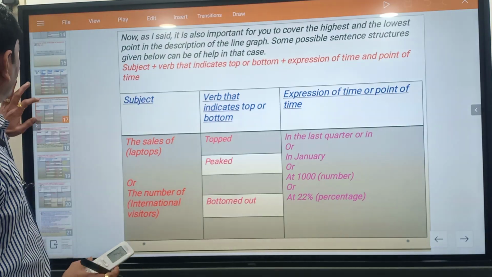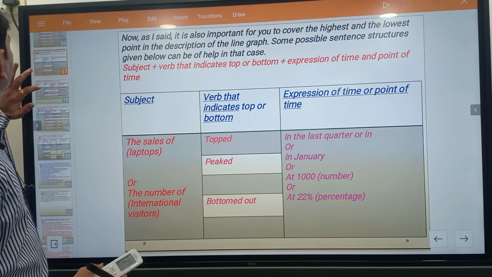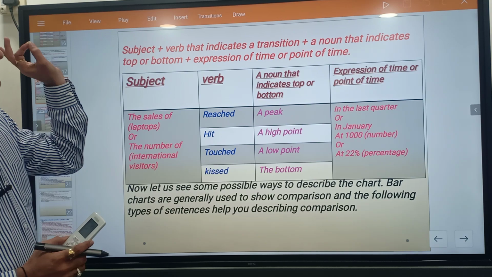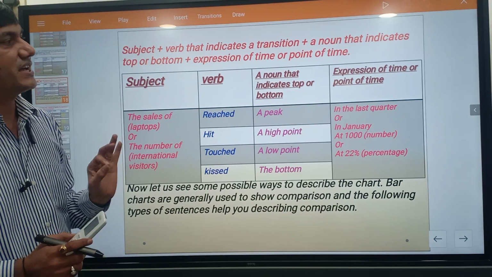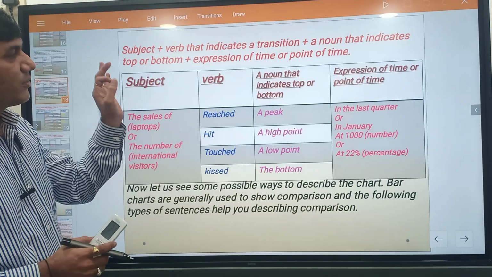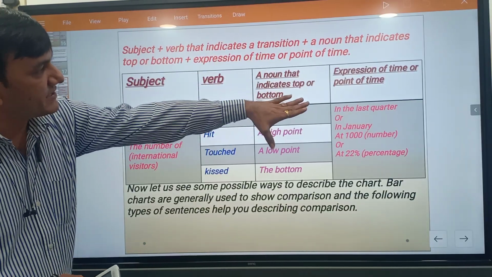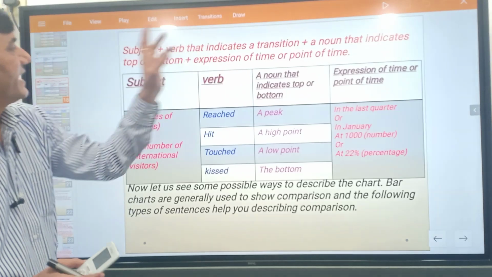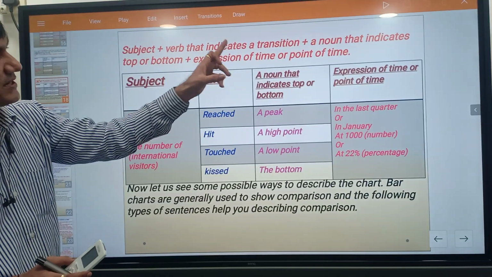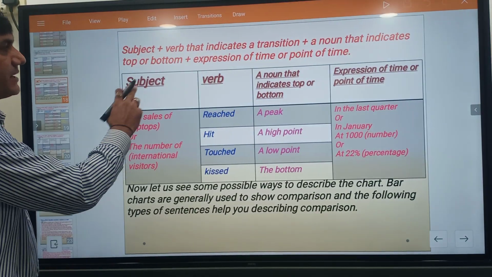Okay? Next. Subject, verb that indicates transition. What is the meaning of transition? We can see that this is called an expression of a noun that indicates the top or bottom, an expression of the time and point of time, plus subject plus verb.